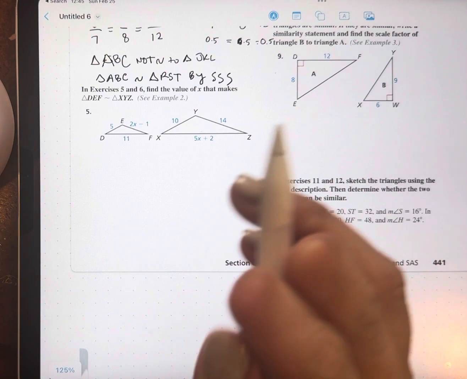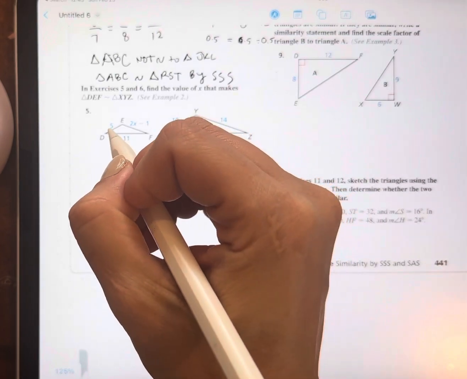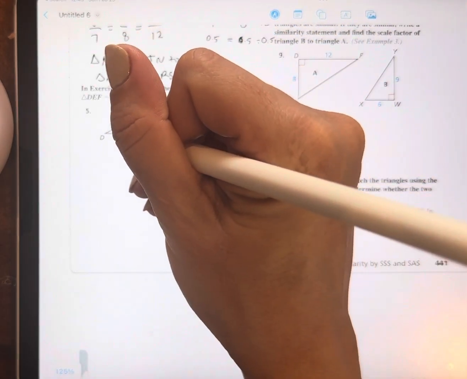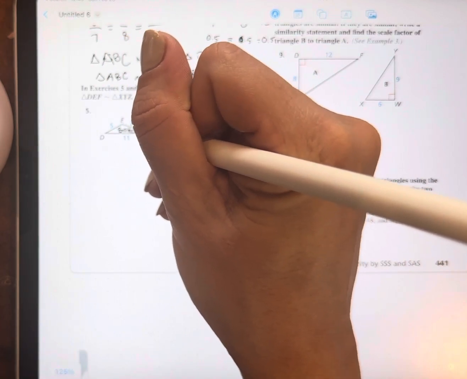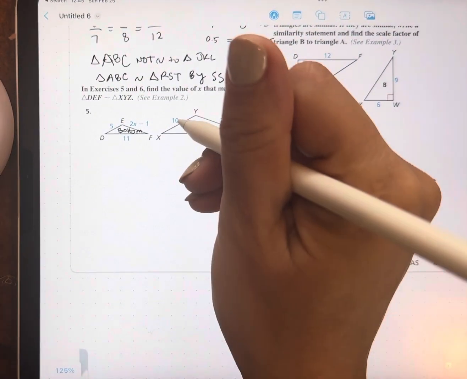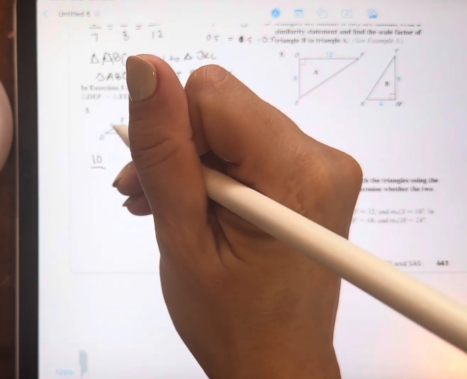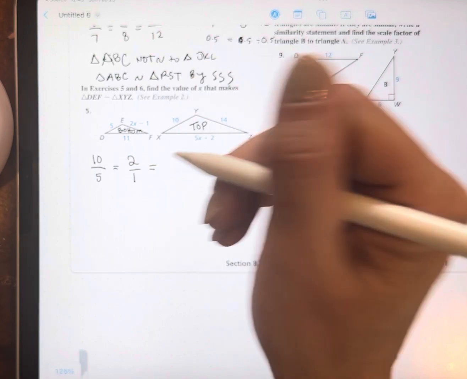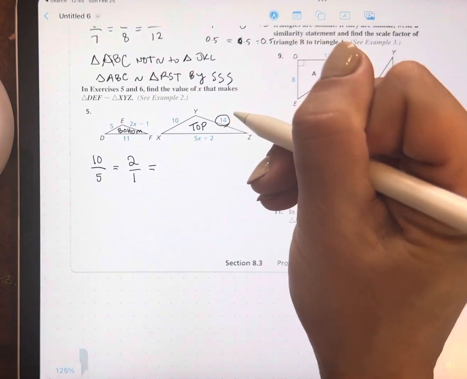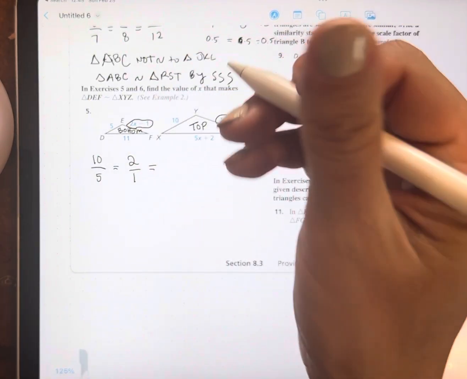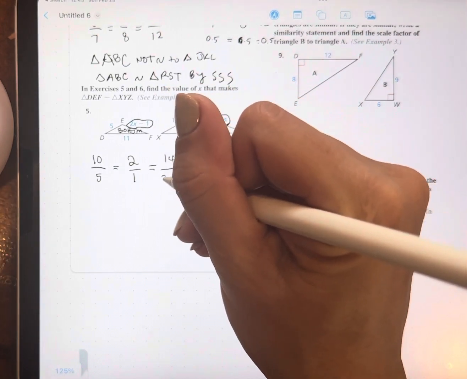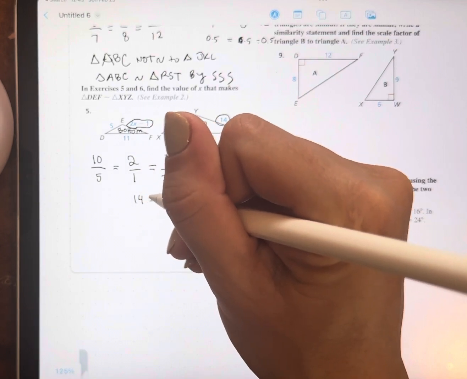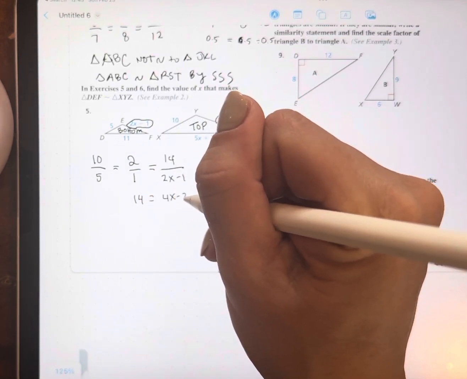Okay, so in order for this to work, my ratios, this is my top, this is my bottom, 10 over 5, which reduces to 2 over 1, must be equal to 14 over 2x minus 1. And then I'll cross multiply to get that 14 equals 4x minus 2.